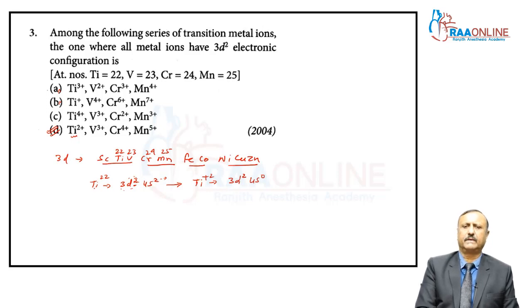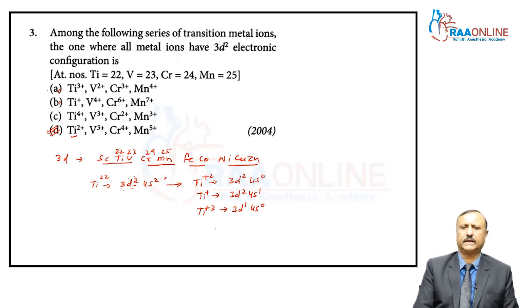When we convert titanium to Ti+1, the electronic configuration of Ti+1 is 3d2 4s1, because only 1 electron is removed from the s orbital. When you convert to Ti+3, then 2 plus 1, 3 electrons are removed, so you get 3d1 4s0.